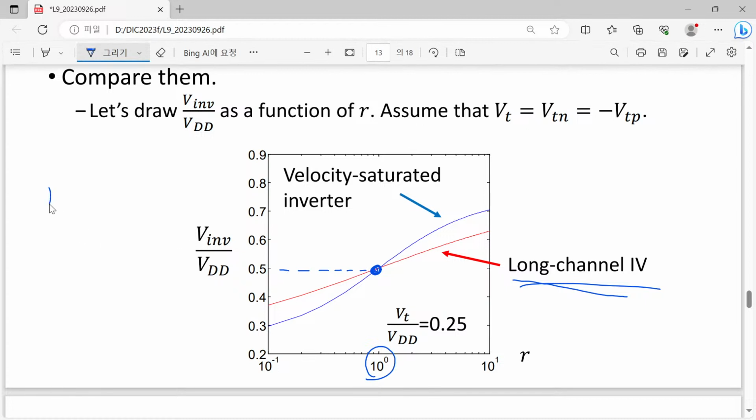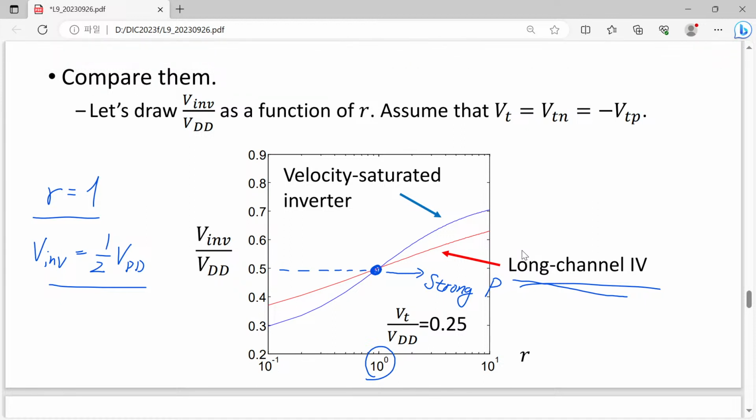In this case, when R equals 1, I mean perfectly balanced NMOSFET and PMOSFET, then our input threshold will be just half VDD. This is quite an ideal case. But now, if we go in this direction, then we are introducing a strong PMOSFET. So a strong PMOSFET increases the input threshold, and now we have two different behaviors, the velocity saturated inverter and the long channel one.